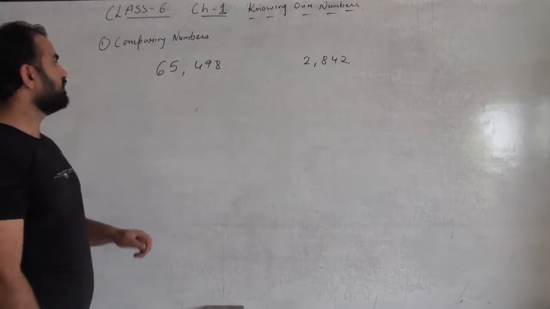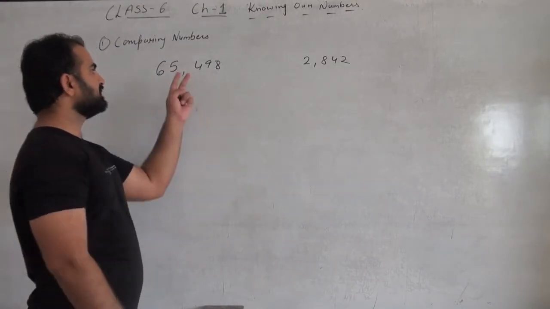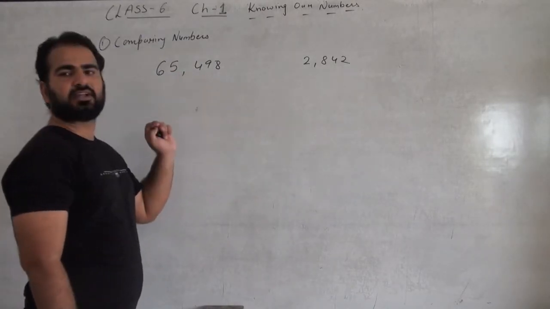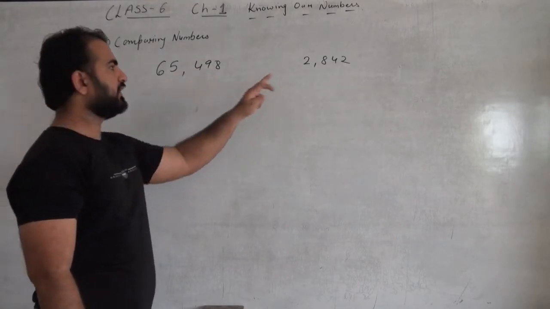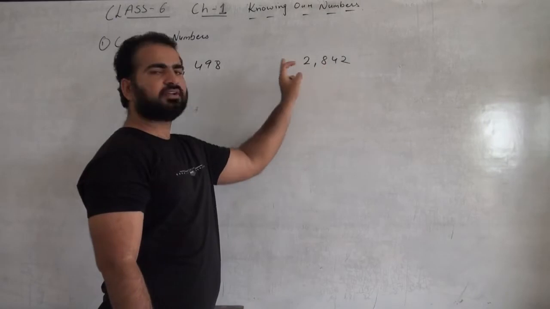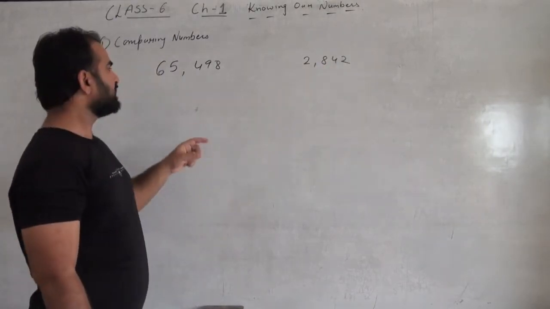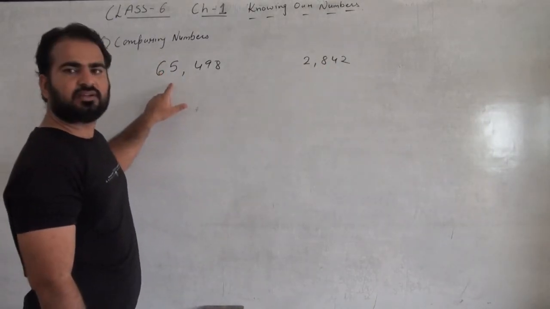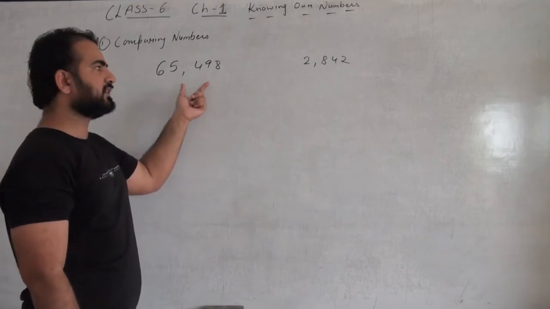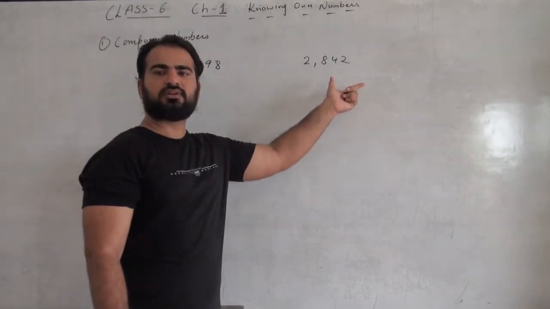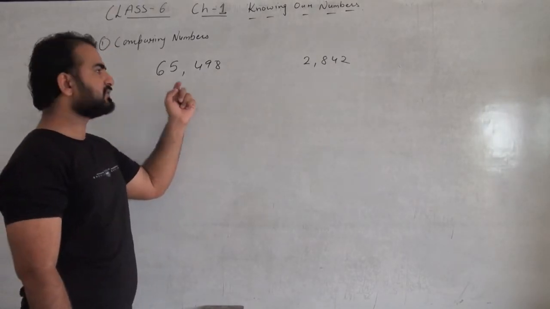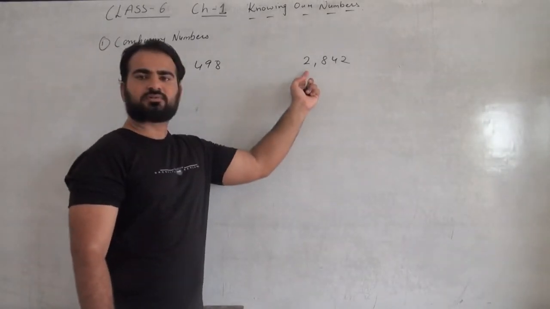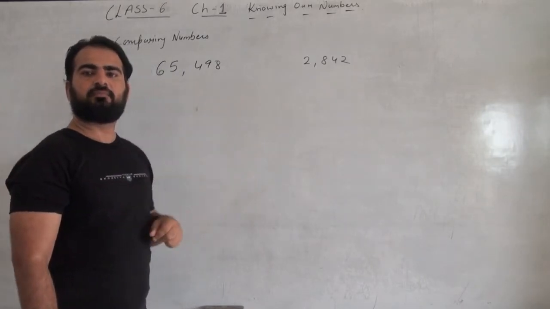What we have to do is just count how many digits there are. 1, 2, 3, 4 and 5. And in the other there are only 4 digits. So which is the bigger number? This is the bigger number because it has 5 digits and the other has only 4 digits. This number goes up to the 10,000 place and this number goes up to the 1,000 place. So this will be bigger.